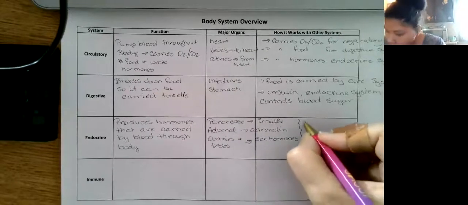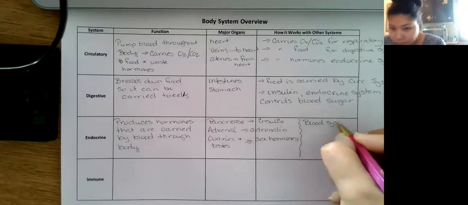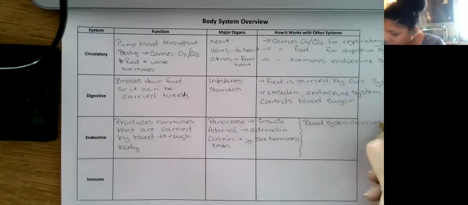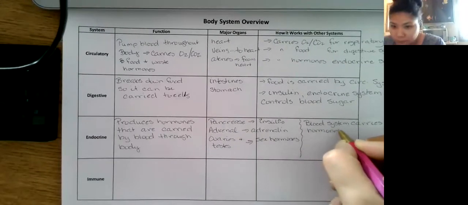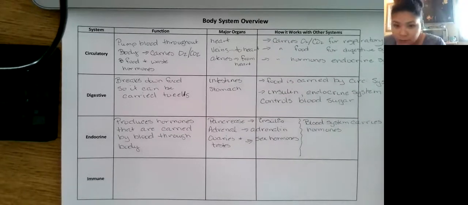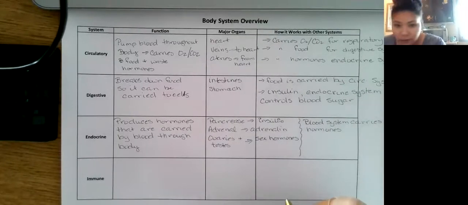Well, the blood system carries it around. That's the biggest system it works with. I guess the sex hormones affect the testes and the ovaries and make them produce sperm and eggs.